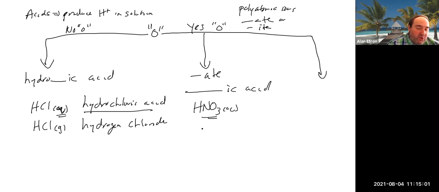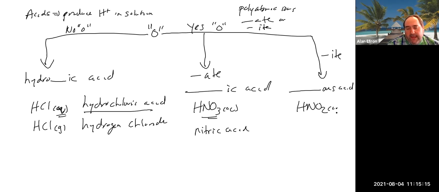NO3 is nitrate, which means this would be nitric acid. If your polyatomic ion ends in ite, it will be something OUS acid, like HNO2. NO2 minus is nitrite. This would be nitrous acid.